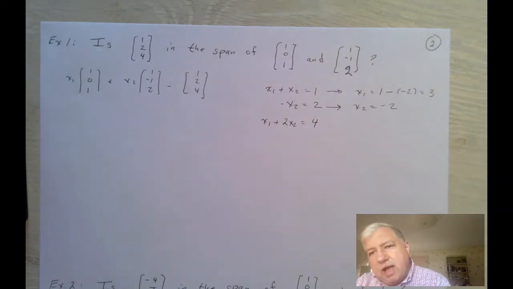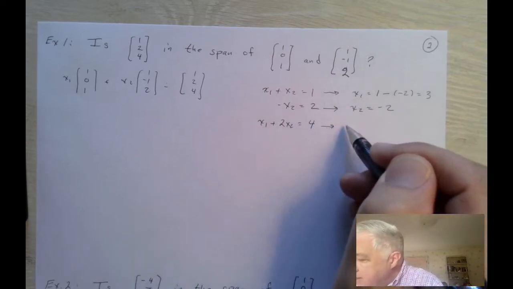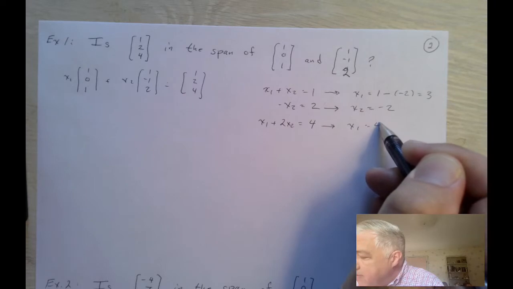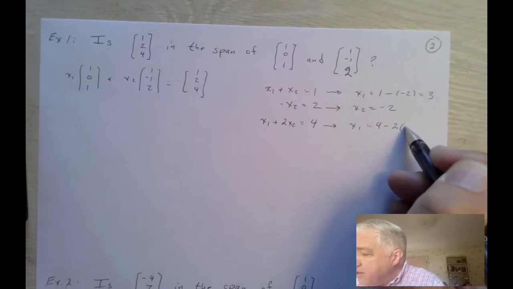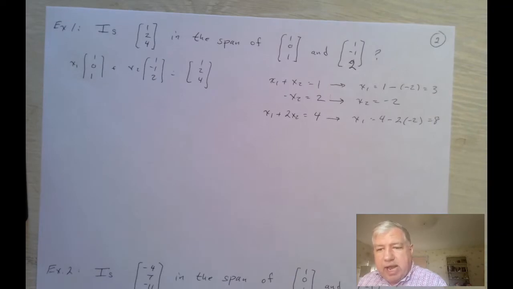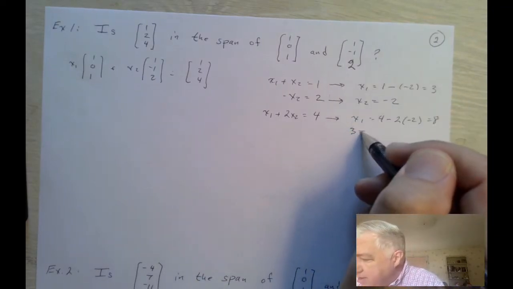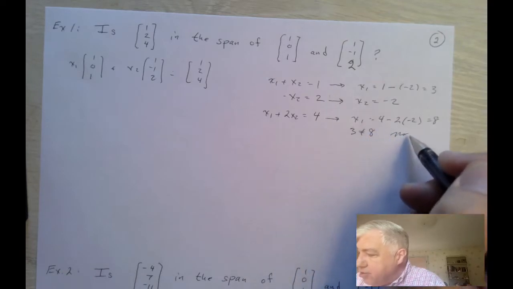But it's going to turn out that this does not work, because we can't forget about this other equation, which says that x1 is going to be 4 minus 2 times negative 2, and this is 8. So we can't have x1 be equal to 3 and 8 at the same time, right? 3 is not equal to 8. So there's no solution to this system.